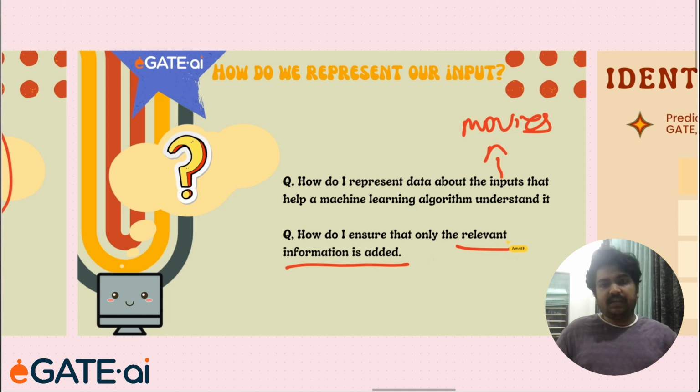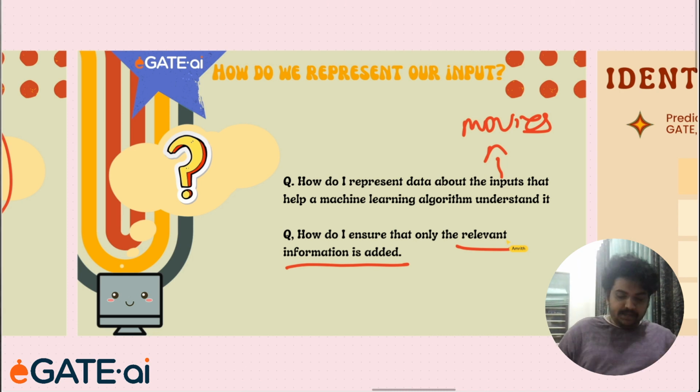We need to understand that while there can be a humongous amount of information about a movie, a lot of it need not be relevant to the box office collection of the movie. So we need to identify the right type of information that can help the machine learning algorithm make the right decision. As an analogy, think of it like selecting the right camera angle and posture before we take a selfie.